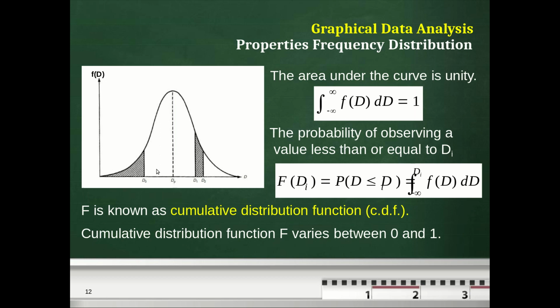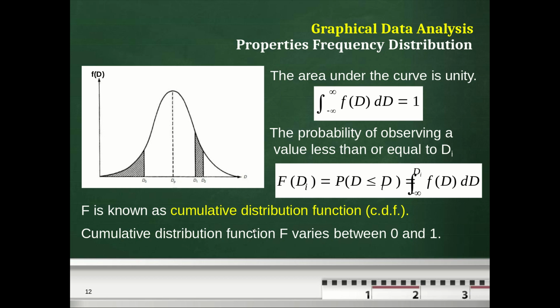Now we want to know the area under the curve. This is from the algebra and probability courses, so you may remember that. Here we have the area under the curve. If you take from minus infinity to infinity, you will have 1, all the area under the curve. But we are interested in an area from minus infinity to a value, for example, which we call the cumulative distribution function, CDF.